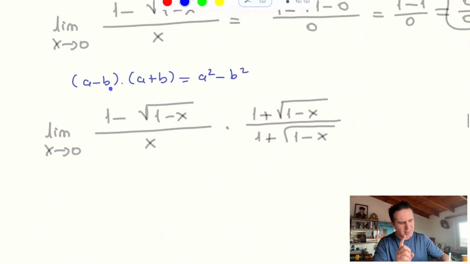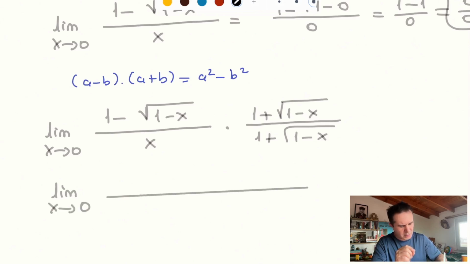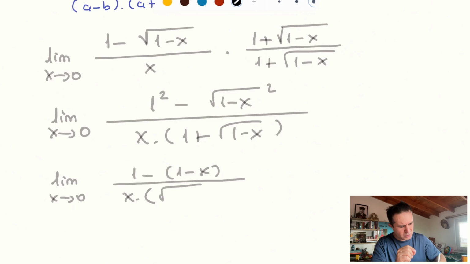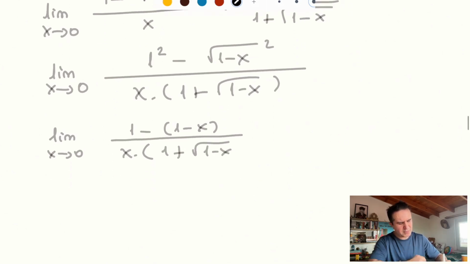Then after multiplication we get the limit as x approaches 0 of (1 squared minus the square root of 1 minus x, squared) divided by x times (1 plus the square root of 1 minus x). And this is equal to the limit as x approaches 0 of (1 minus x) divided by x times (1 plus the square root of 1 minus x).